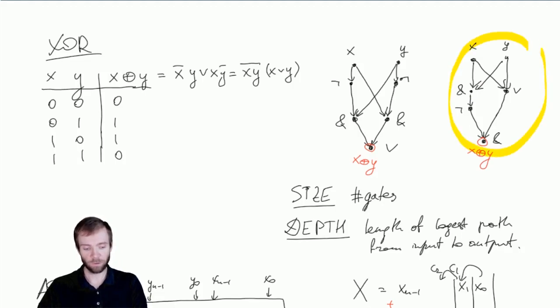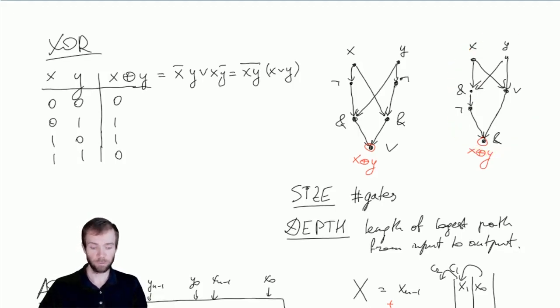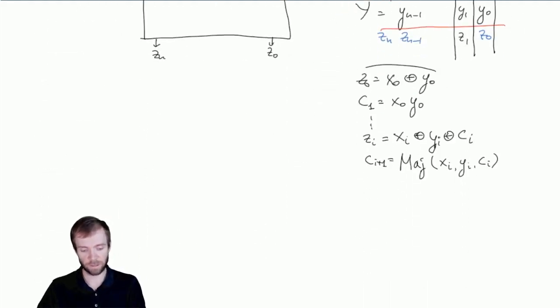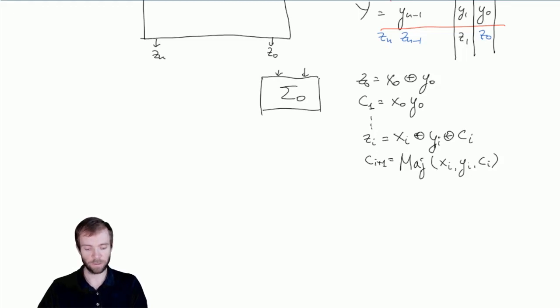So using 4 gates, we can compute both of these first bits in this scheme. So we can say that we have a building block, which we can denote by sigma 0, which is supplied with two things, x0 and y0, and it outputs two things as well. It outputs z0 and the carry bit c1.